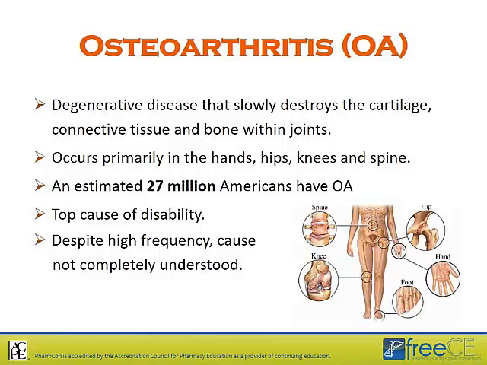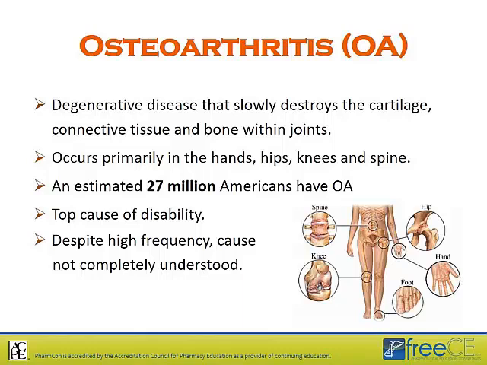In the diagram to the right, you can see the most common areas of the body that OA affects, such as the spine, in particular the lower spine, the lumbar region, but also the neck or the cervical region is common as well. The hip, in particular the glenohumeral joint, large ball and socket joint.